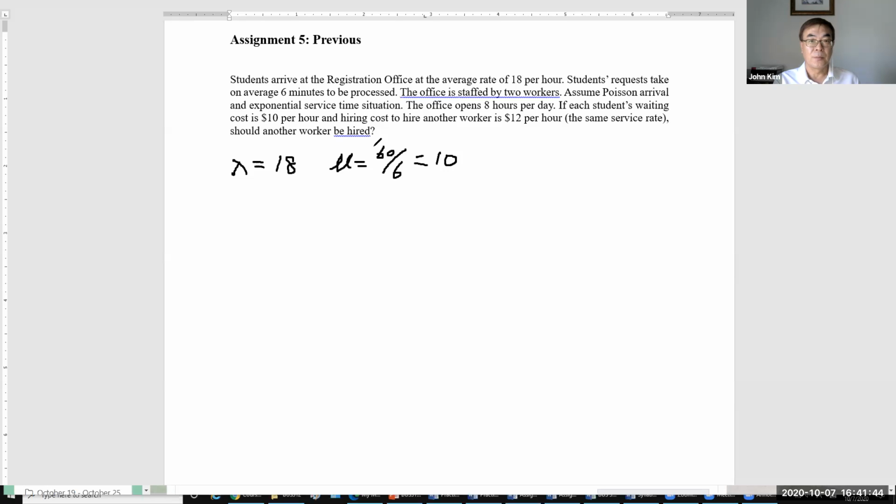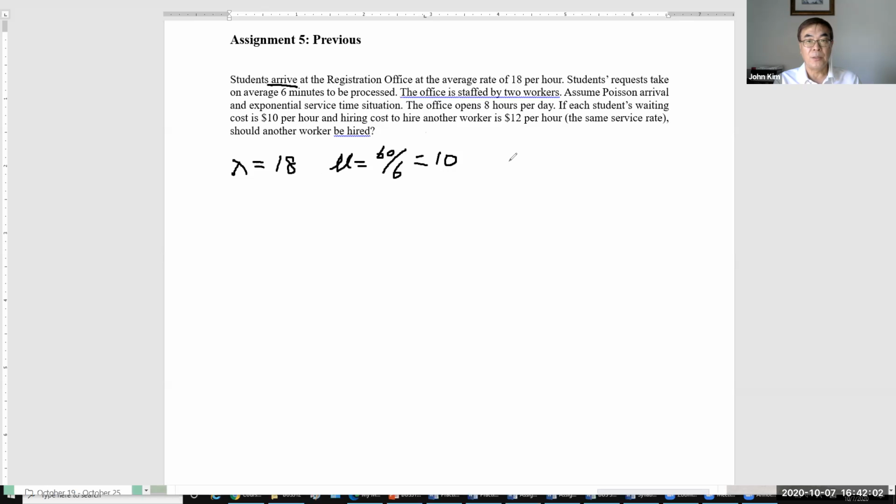To solve this waiting line model 3 question, you should figure out the arrival rate and then the service rate carefully.